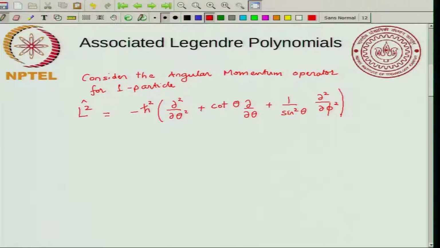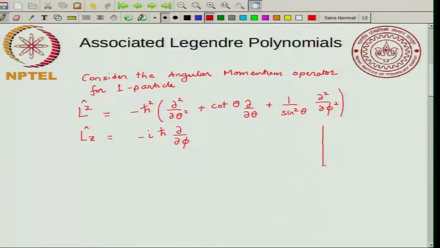So this is the operator for the squared angular momentum, and the operator for the z component of the angular momentum is given by minus i h bar dou by dou phi. Remember we are using spherical polar coordinates.